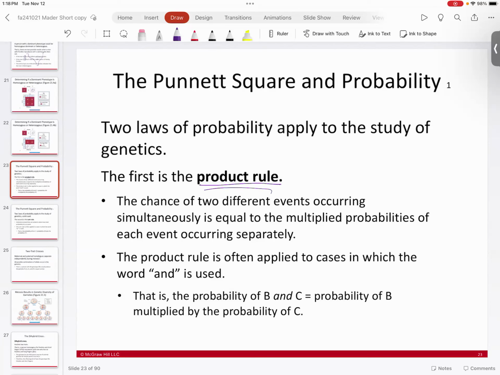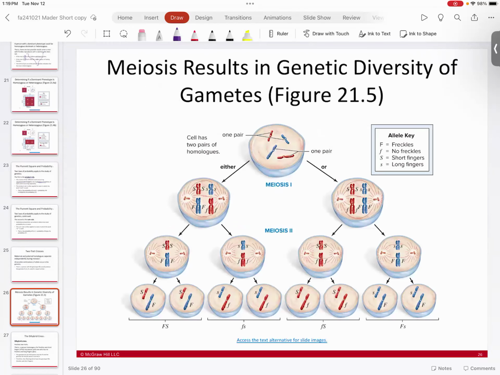This involves two different events that are independent of each other, and you have an outcome that occurs in them simultaneously. If you're asking for two events to occur simultaneously, then you have to multiply their probabilities together.